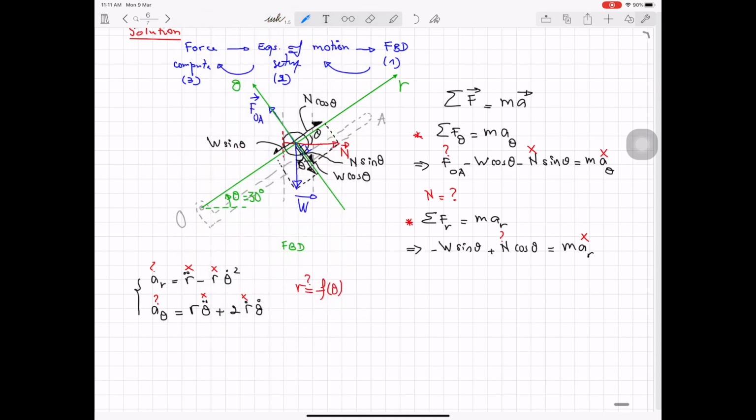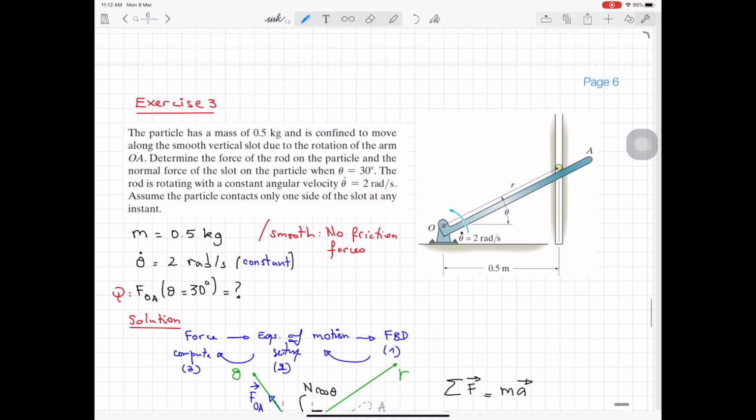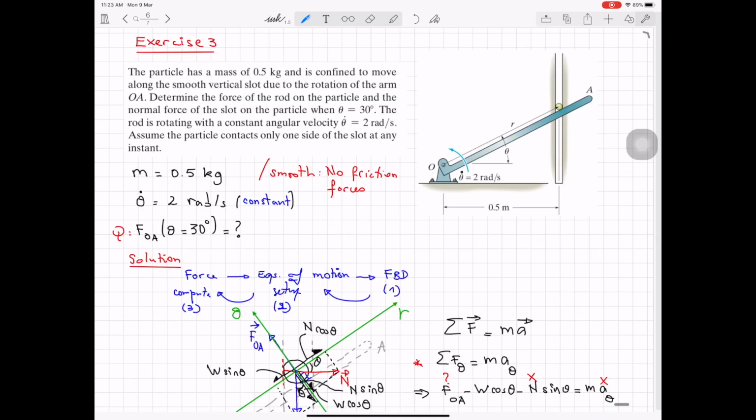Now if you look at the dynamical system, we have a triangle with the side 0.5, and we have here r and this angle theta.